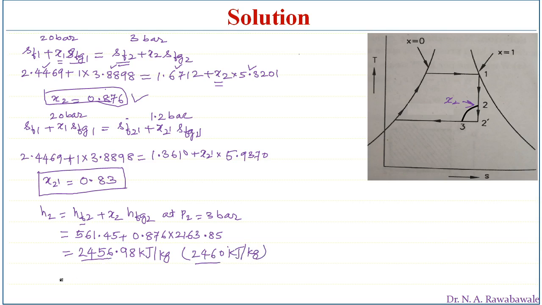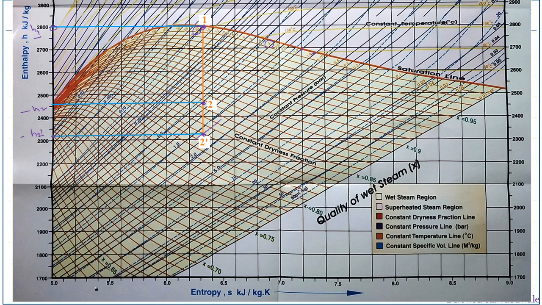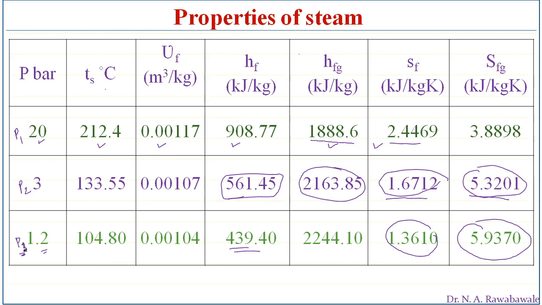Again, H2 dash equals h_f2 dash plus x2 dash times h_fg dash at a pressure of 1.2 bar. We can take the values from the steam table: back pressure is equal to 1.2 bar, so enthalpy of liquid is 439.40.